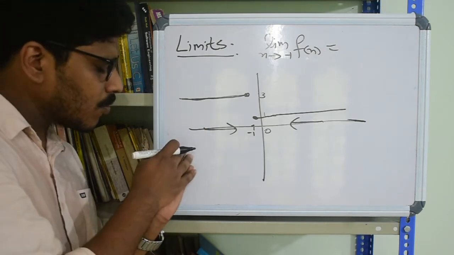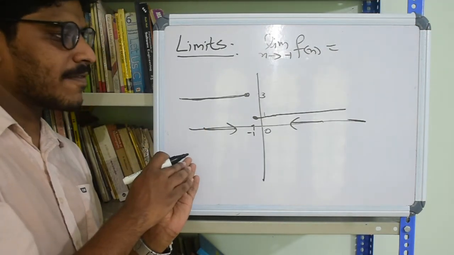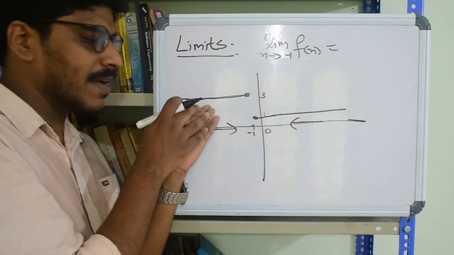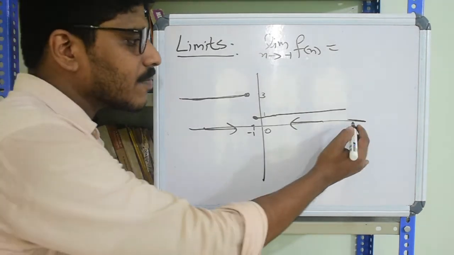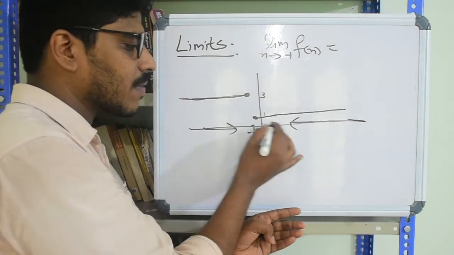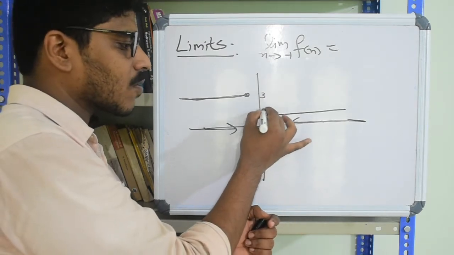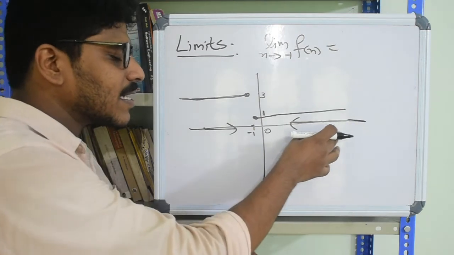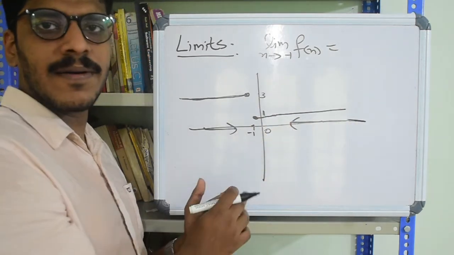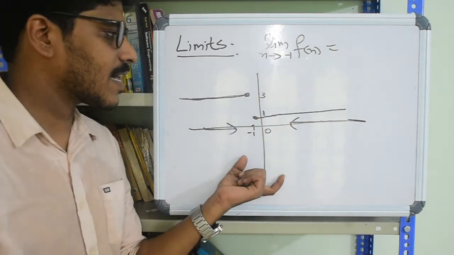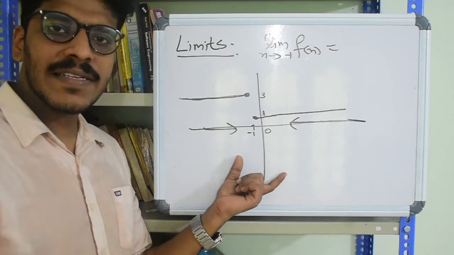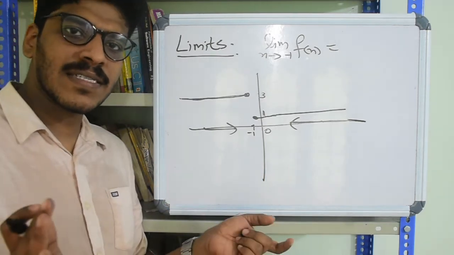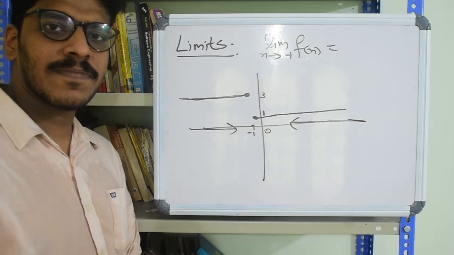So as we approach -1 from the left, the function seems to have a limit 3. But as we move from the right side towards -1, the function has a constant value 1, which means the function is seen to have a limit 1. There is a clash happening. As we approach from either direction, we get two different limits.